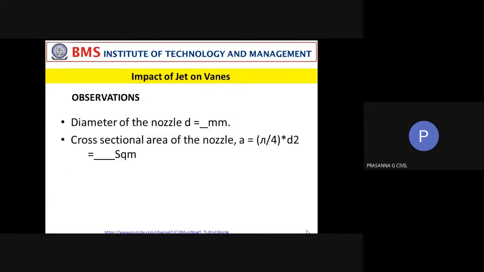So the observations that you will be requiring are the diameter of the nozzle from where the jet of water is propagating, then the cross-sectional area of the nozzle.